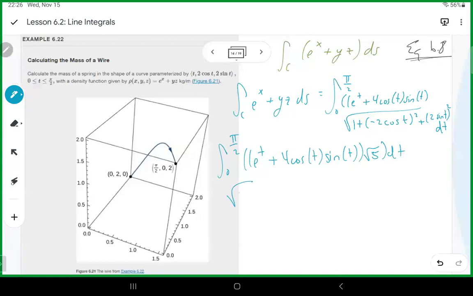Bring the square root of 5 out. E to the t plus 2 sine squared t, 0 to pi over 2, square root of 5.